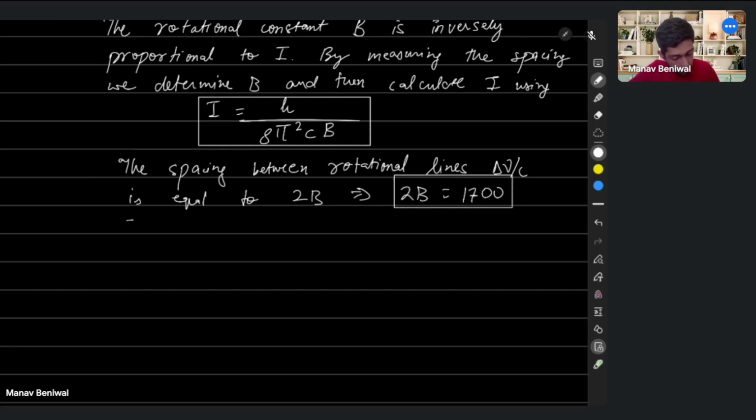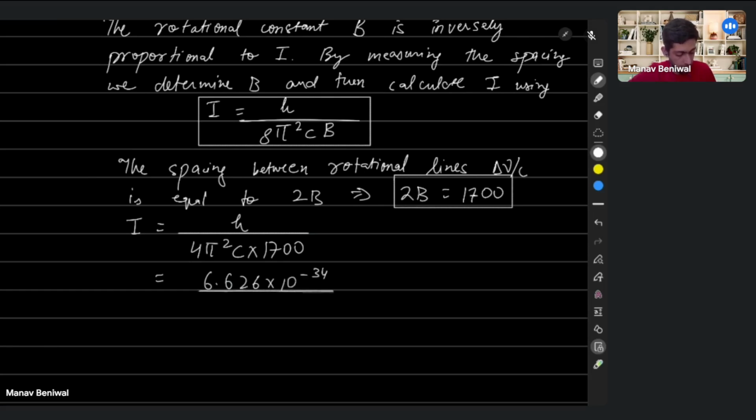So this becomes I equals h over 4 pi squared c into 1700. And then we can substitute the values. So h is 6.626 times 10 to the minus 34. This is 4, and this is pi squared.